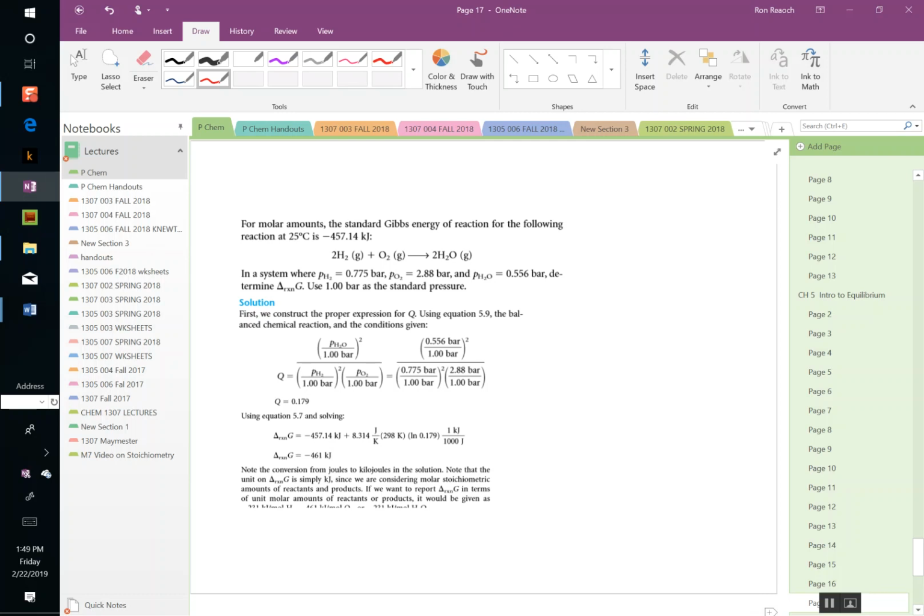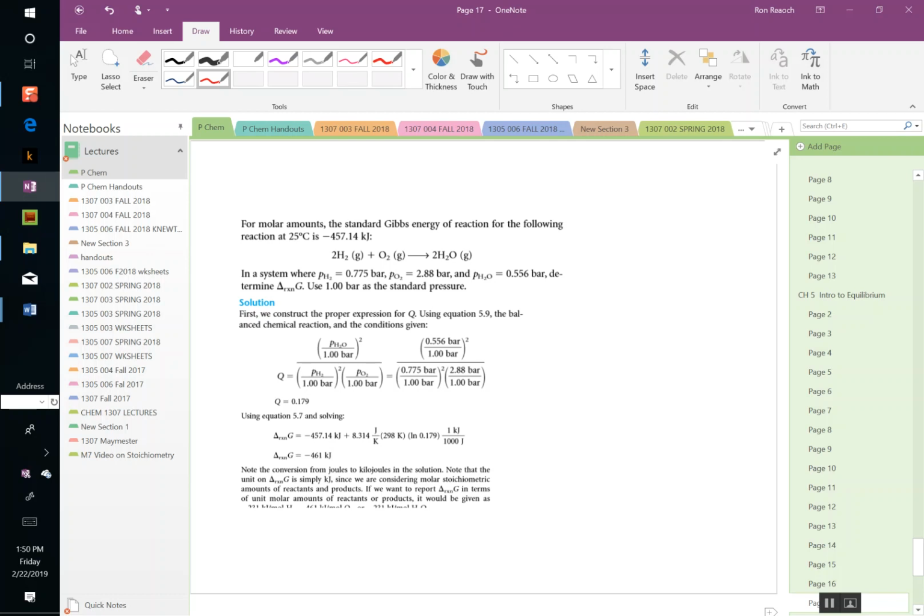And then using equation 5.7, this is the delta G naught, the delta G at standard conditions of that reaction that's given right there, plus R T times the log of Q. This is in joules, so we're just converting the joules to kilojoules to match it up with this.